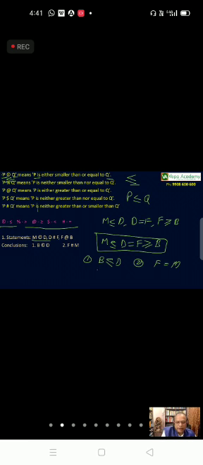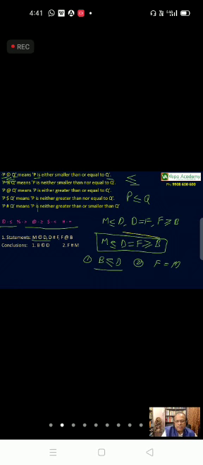Now we have to check the validity of B and D. First, identify in this combined equation where are they. Where is B? B is here. Where is D? D is here. That means our focus must be between these two points. We are not worried for a moment about M, right?